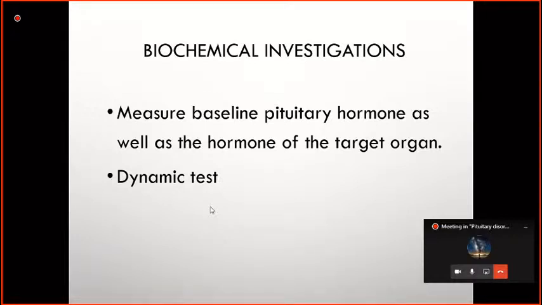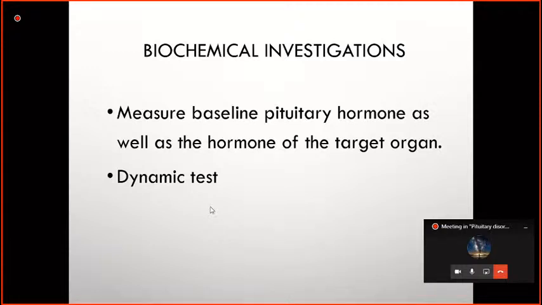So that means if you have a baseline, for example, a deficiency in a certain hormone, but you want to test whether there is really a deficiency, you want to try to stimulate.